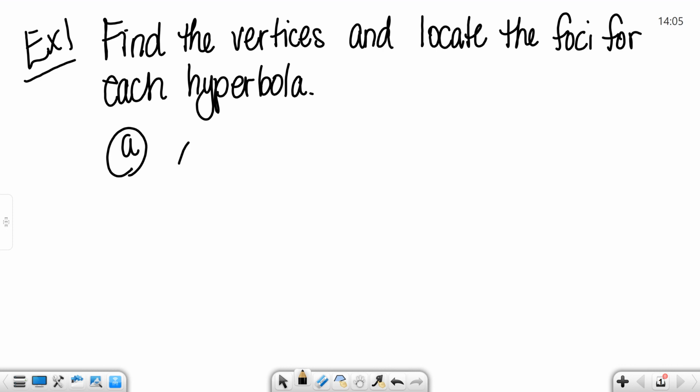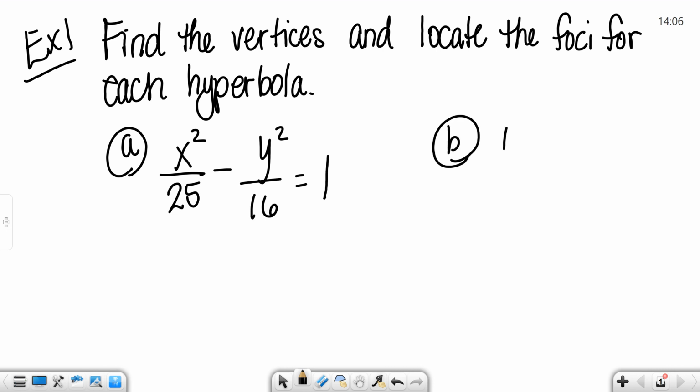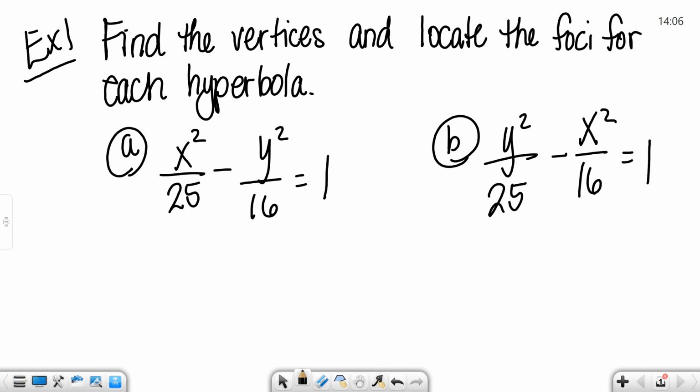All right, so our first hyperbola and our second hyperbola. So two entirely different hyperbolas. We're going to find the vertices and locate the foci. You are not asked to graph these. Okay.